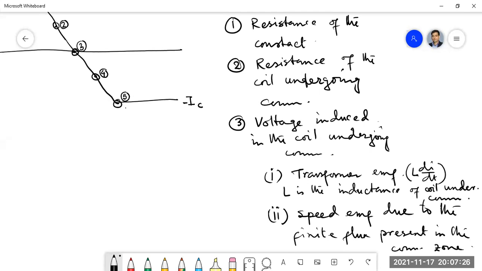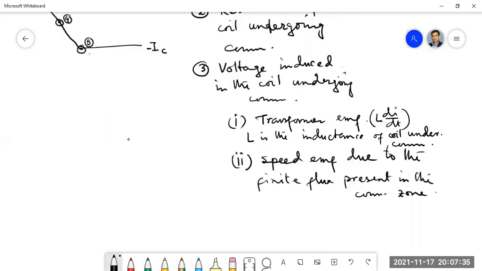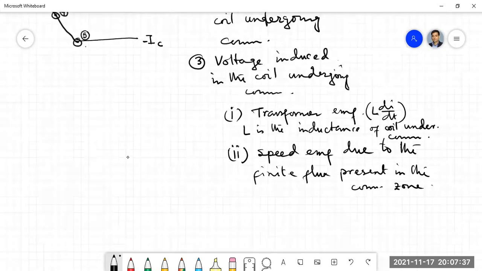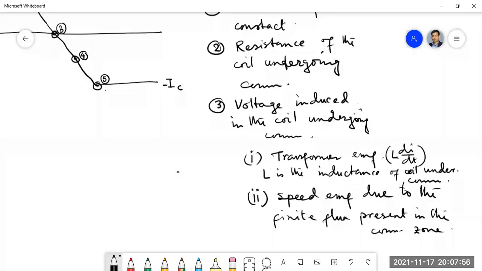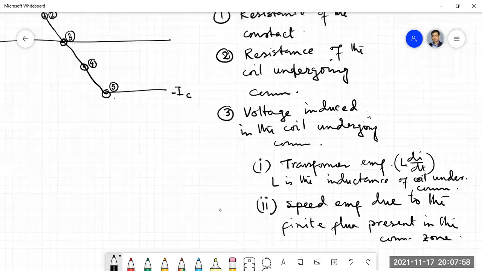Can you tell me the reason why you are considering L? Before this we never considered L. Why are we now considering L? Any idea? The EMF is L di/dt, but it's a DC machine. Previously we didn't consider L. But here why are you considering L?